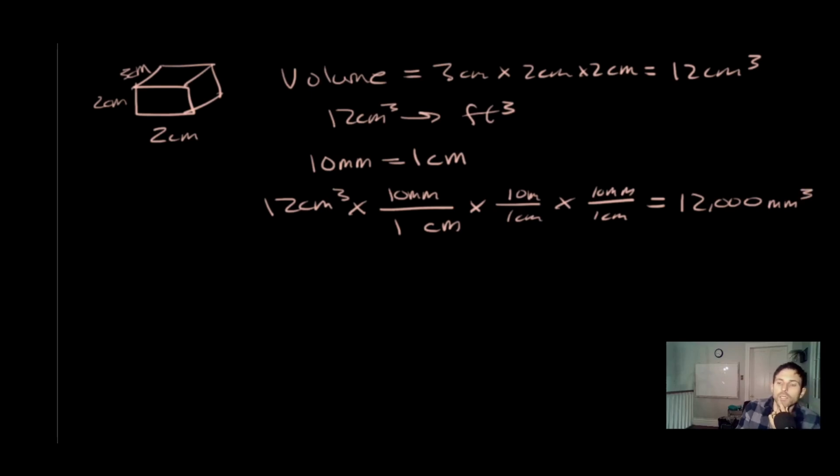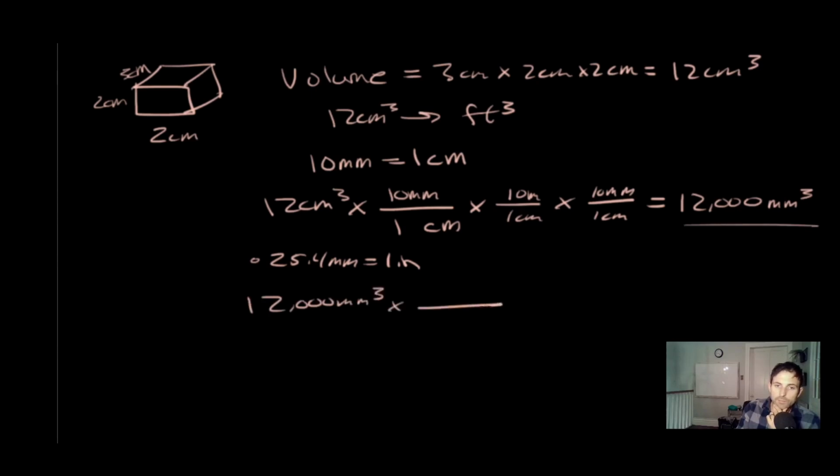So now I know 25.4 millimeters equals 1 inch. There's my second conversion step. So I'll take my answer here, 12,000 millimeters cubed times my desired, which is inches, and then I've got 1 inch, just writing the relationship here, over 25.4 millimeters.